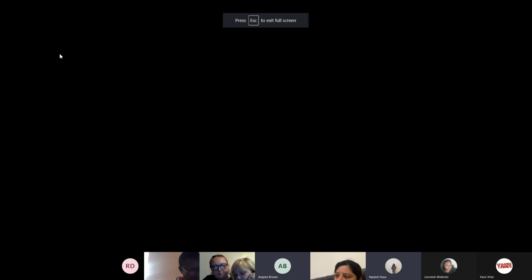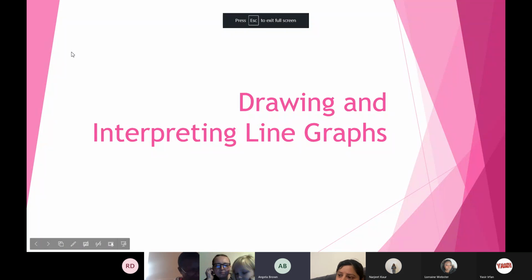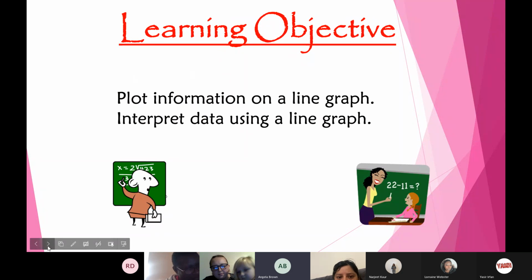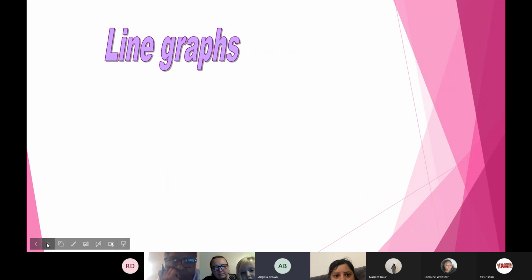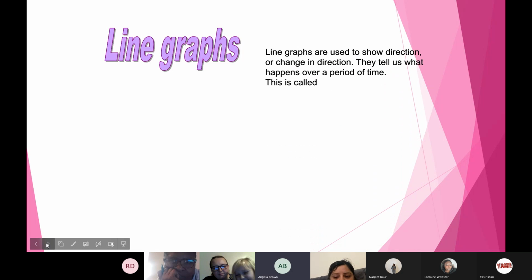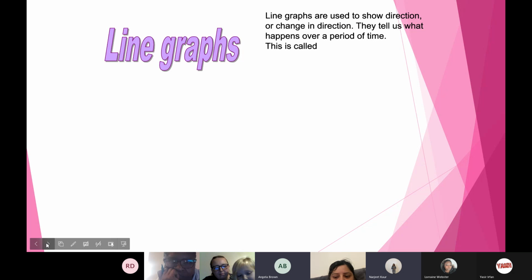Okay, so let's look at drawing and interpreting line graphs. Our learning objective is to be able to plot information on a line graph and interpret the data using a line graph. This is another way of presenting information. So what are line graphs? They're used to show direction, change in direction, and they tell us what happens over a period of time.